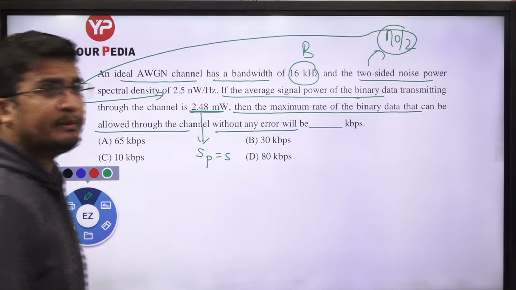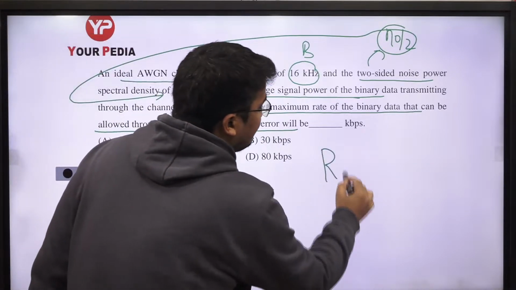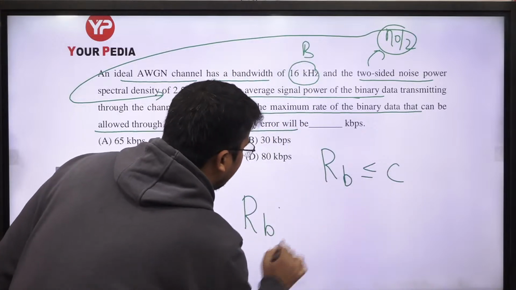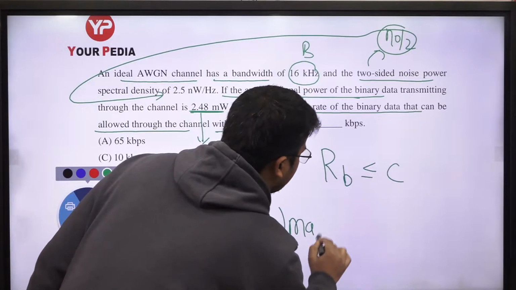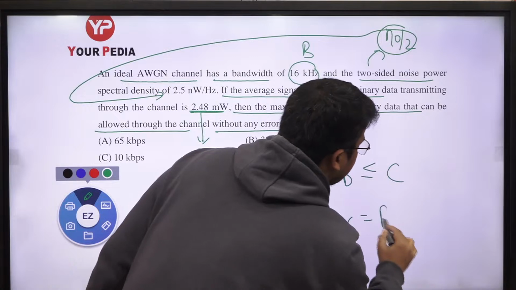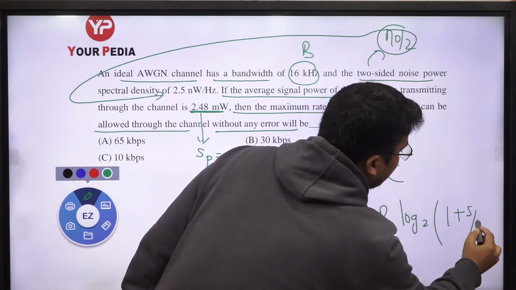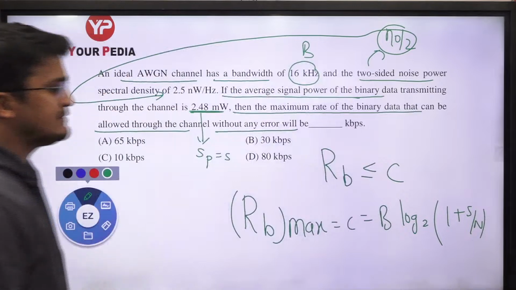Again, I told you people, your data rate R must be less than or equal to C. So the maximum Rb max can be equal to C, which is B log base 2 of (1 plus S by N), the signal to noise ratio. I hope this makes sense, right?